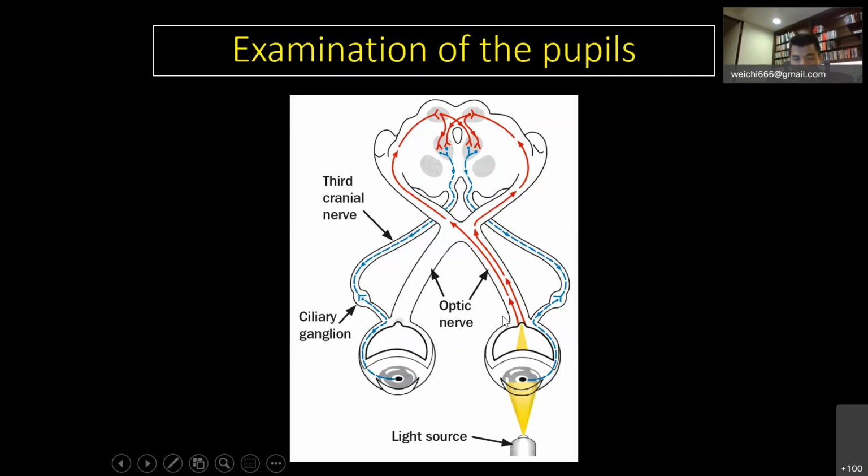If the patient has, let's say, damage to this optic nerve here, when you shine your light source here in front of the patient's right eye, what would you see in this eye and this eye? Would the patient's pupil constrict if the lesion was here? Let me ask another student. Ida.